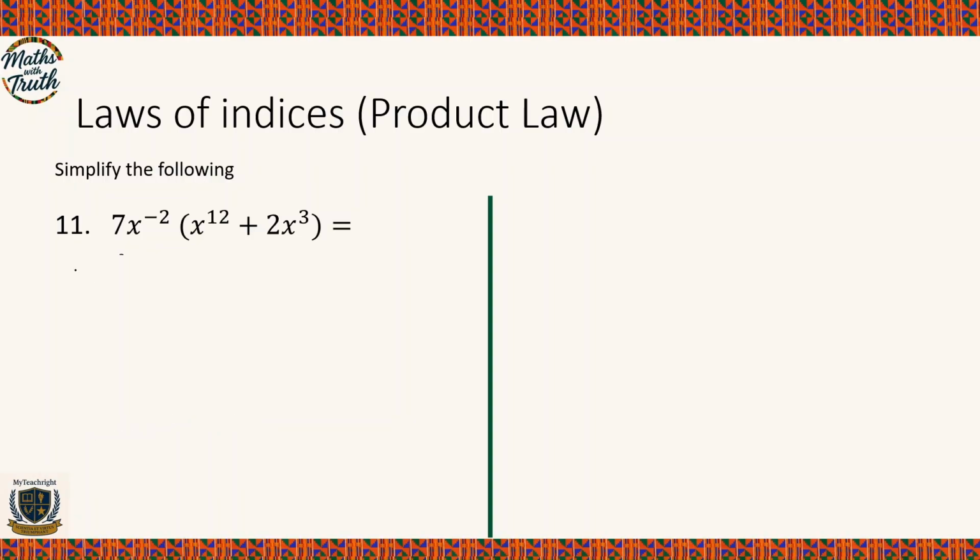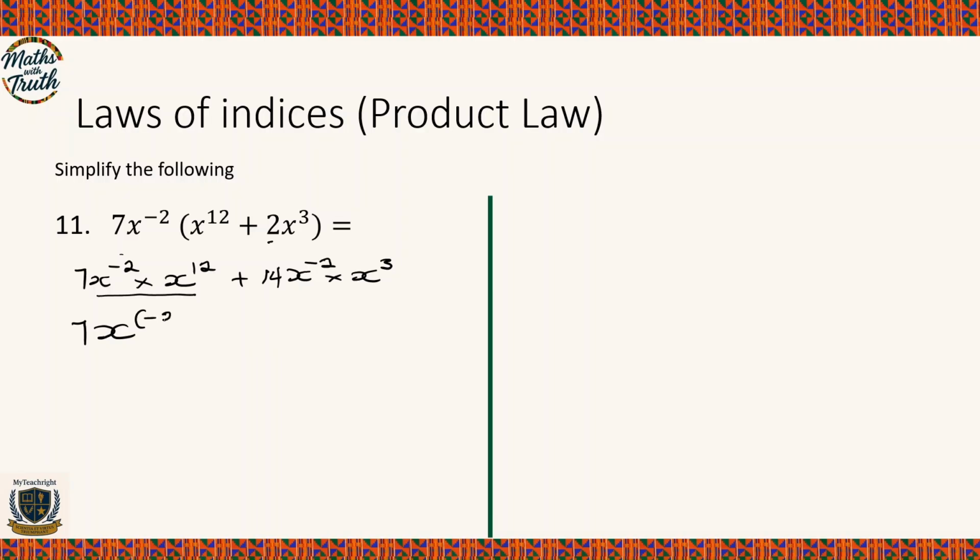So we have 7x exponent -2 times x exponent 12 plus 7 times 2, that's 14, x exponent -2 times x exponent 3. Now here we can simplify. You see we have 7 and we have x. Here we have the product law applying.